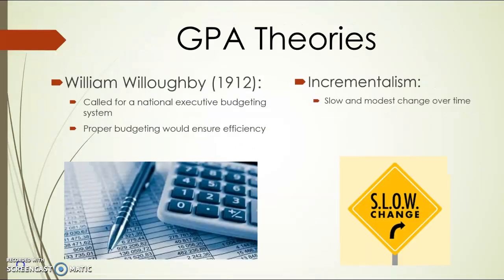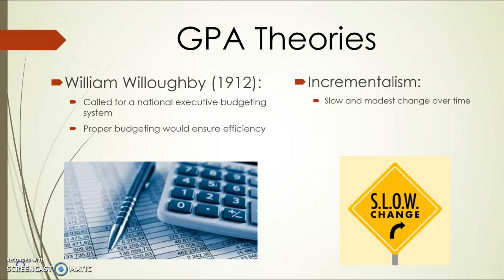So then the two GPA theories are William Willoughby and incrementalism. William Willoughby in 1912 is one of the budget theories. So he would go along great with POSDCORB and Wildavsky that has been mentioned. He called for a national executive budgeting system and said that proper budgeting would ensure efficiency.